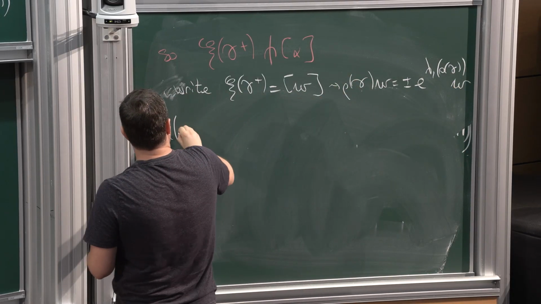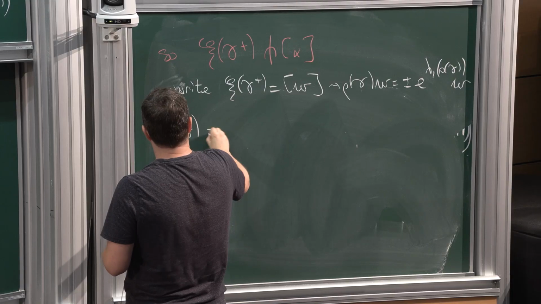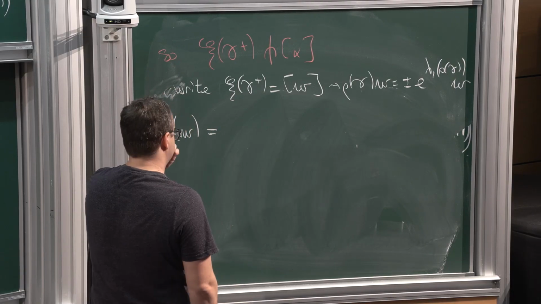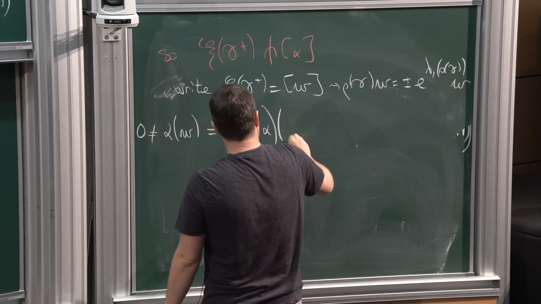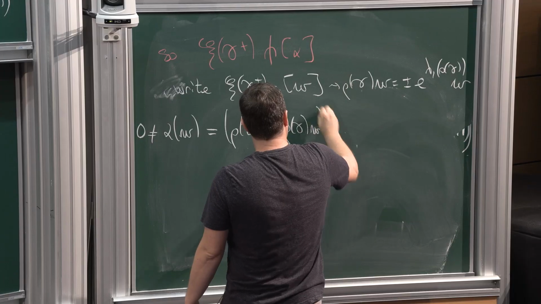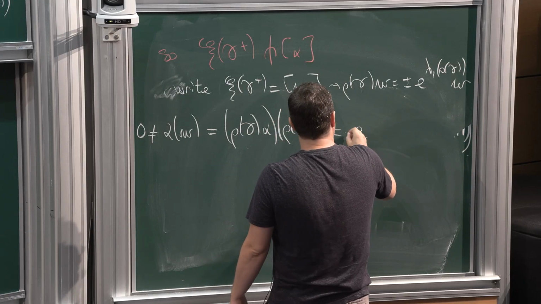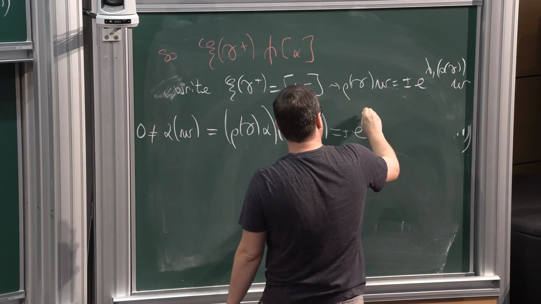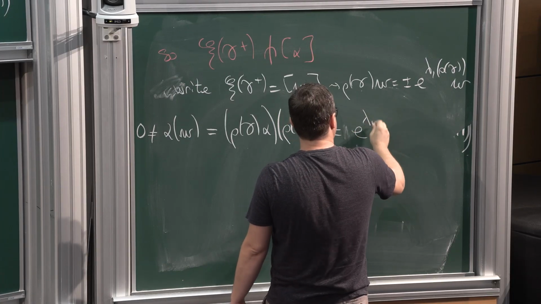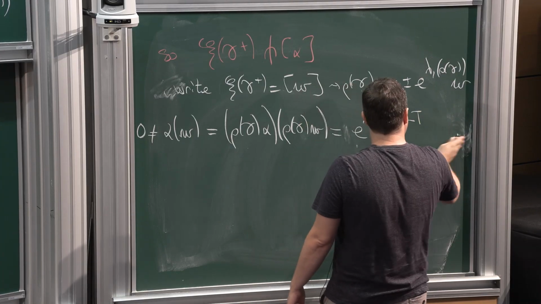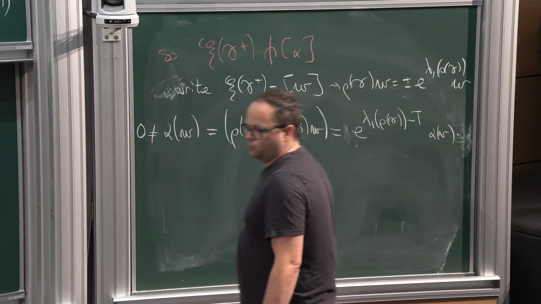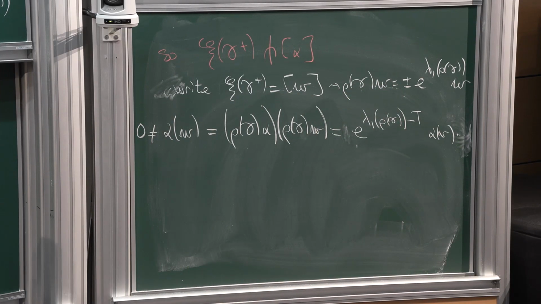And here you have alpha of w, which is non-zero because of transversality, and you do the same thing. You apply rho of gamma on each side. And you'll get eventually some plus or minuses that will have to compensate in the end. And you'll have lambda 1 of rho of gamma minus t when you look at this, okay? So the thing in the exponential has to be 0, and you get your formula for the eigenvalue.